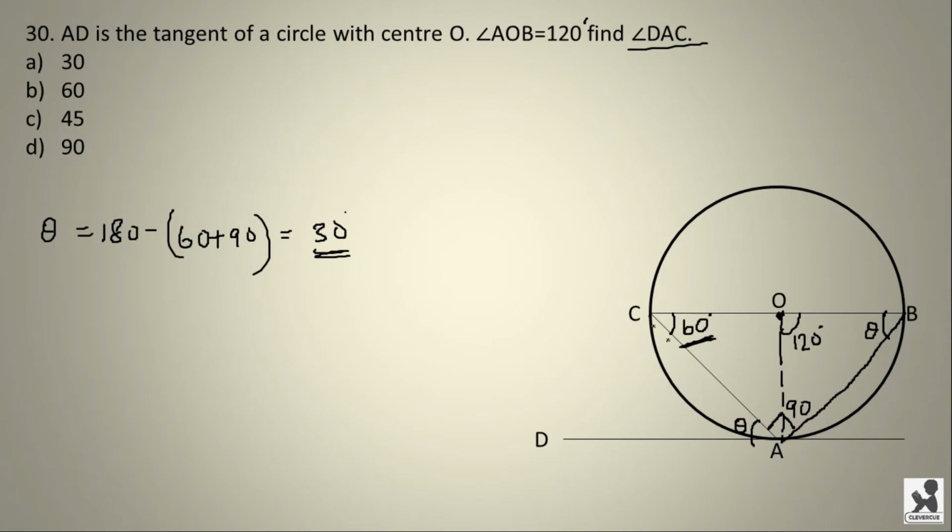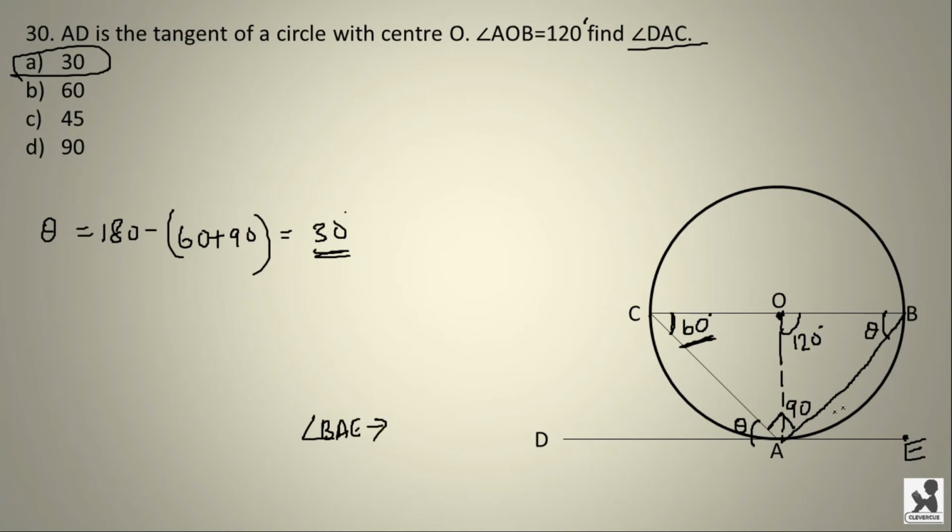So angle CAD is also equal to 30 degrees. I am again explaining why. According to the alternate segment theorem, if angle DAC is theta, then angle ABC is also theta. Now, can anybody tell what is the angle of BAE?